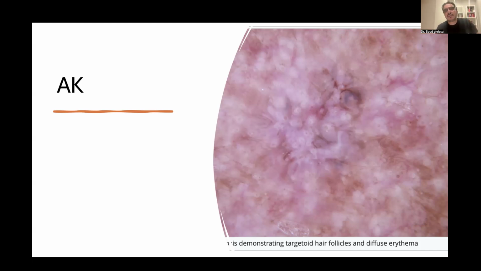Imiquimod is a toll-like receptor agonist. I think it works on number 7, and it triggers a Th1 response to remove these sun-damaged cells. 5-FU is a pyrimidine inhibitor. If you remember your biochem, uracil. So it stops DNA synthesis, so it kills these cells.